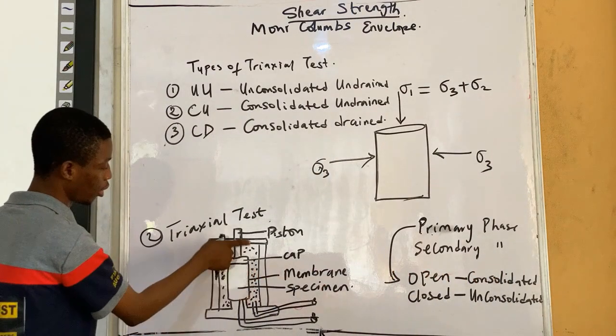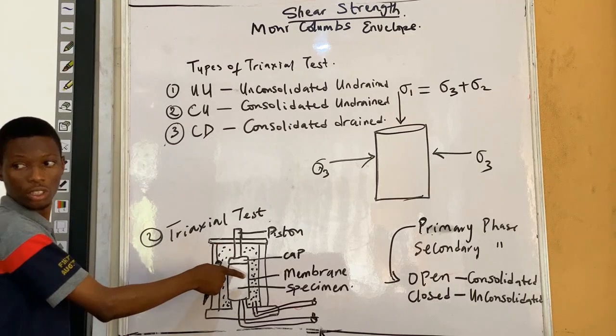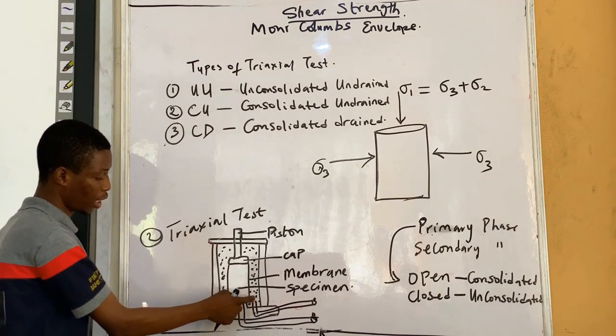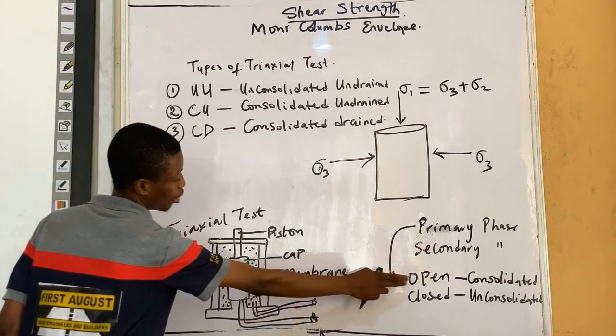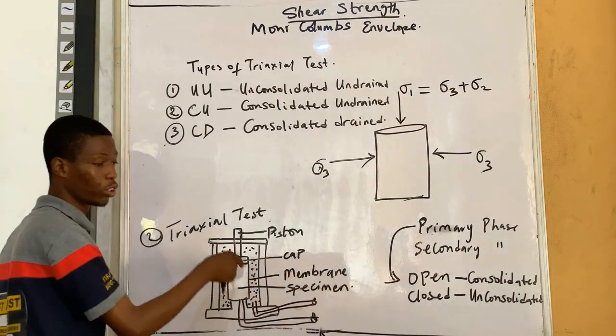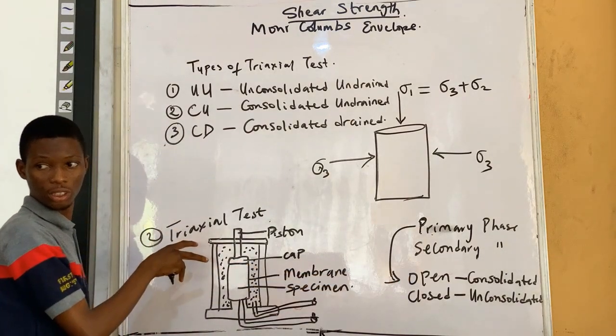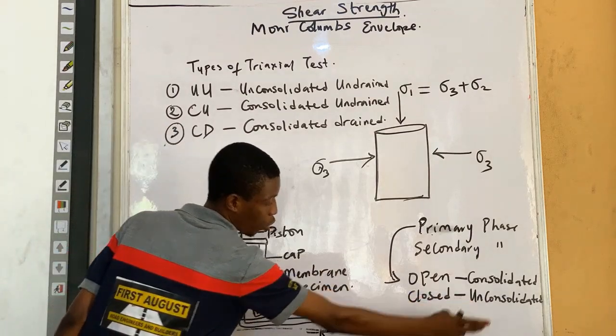This one, where the cell pressure is: if the valve is open and the water is allowed to drain smoothly, then it is consolidated. But if it is closed, that water remains inside, it is unconsolidated.